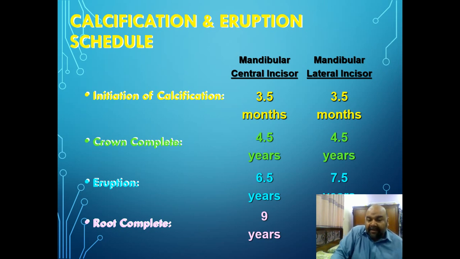The crown usually completes around 4.5 years, both the mandibular centrals and the laterals, and they erupt from 6.5 to 7.5 years of age. The mandibular central incisor usually erupts first, and then the mandibular lateral incisors. And as a general rule, the root completes around 3 to 3.5 years after eruption of these teeth.